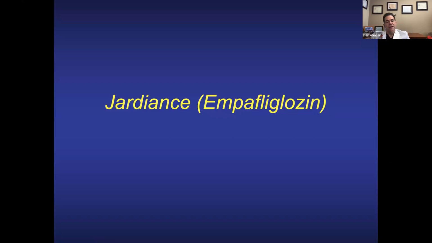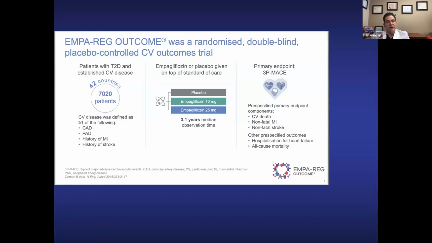So I'm going to talk about Jardiance, which is a SGLT2 inhibitor, and one of the trials for Jardiance was EMPA-REG OUTCOME. It's a randomized double-blinded trial looking at placebo versus Jardiance at the lower dose and the higher dose, and the primary endpoint being CV death, non-fatal MI, and non-fatal stroke.